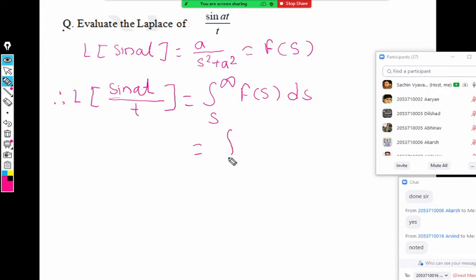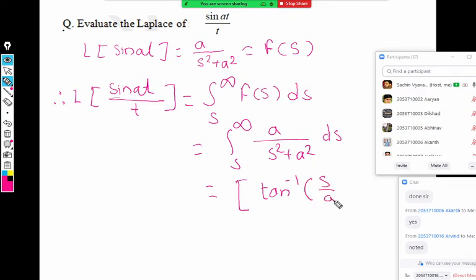Now for this integration from s to infinity, in this case our f(s) is a upon s square plus a square. Now I want the integration. The answer is tan inverse s by a. Is there 1 by a outside?